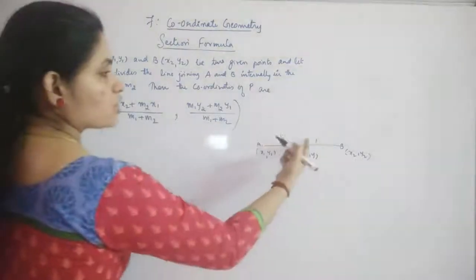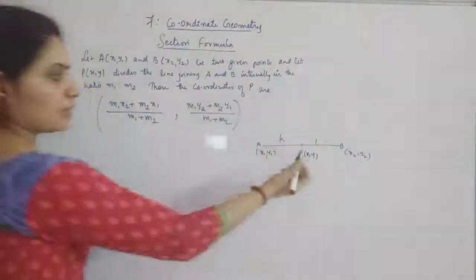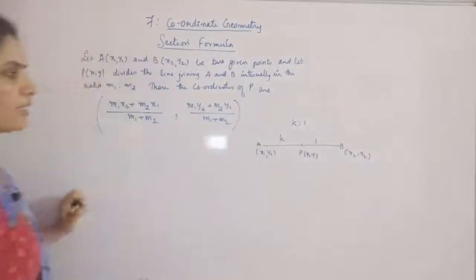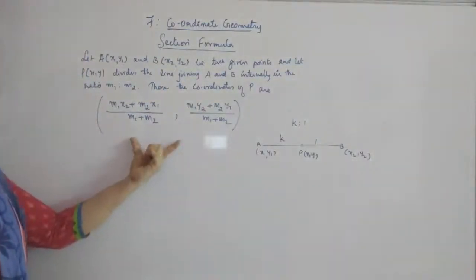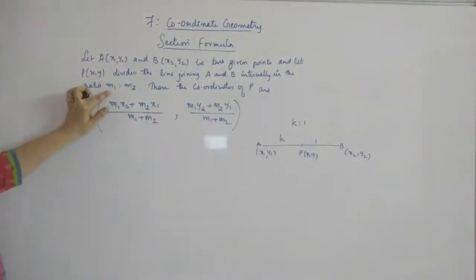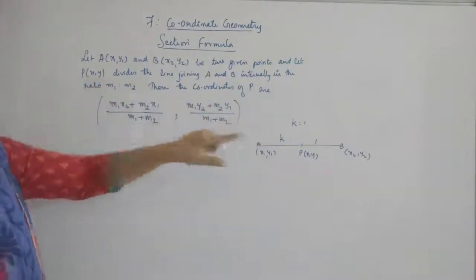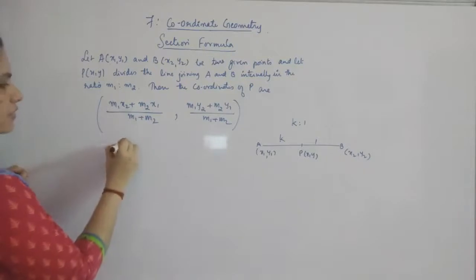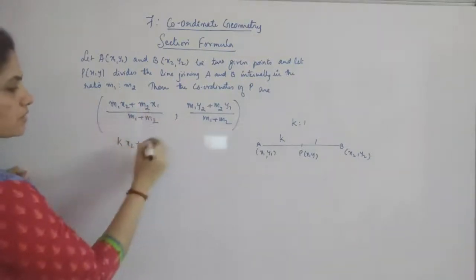Now suppose the ratio in which P divides AB is k is to 1. Then what will happen to the section formula? Instead of m1 it is k, and instead of m2 it is 1. So replacing in the section formula, instead of m1 you will get k, then x2 is as such, plus m2 is 1.